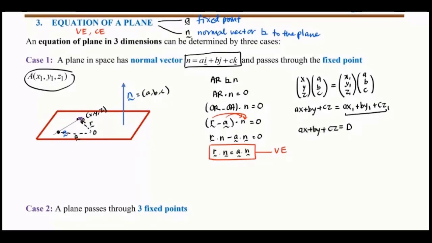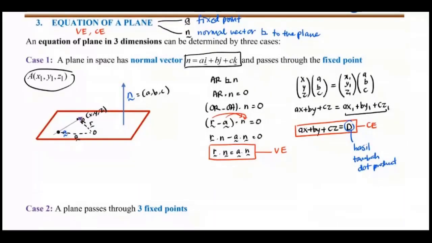So this one will be represent as in Cartesian equation. Okay, so your D here, D di sini adalah hasil tambah dot product. Okay. So far faham? Clear? Kita ada VE, kita ada Cartesian. Okay. Alright, itu case 1.